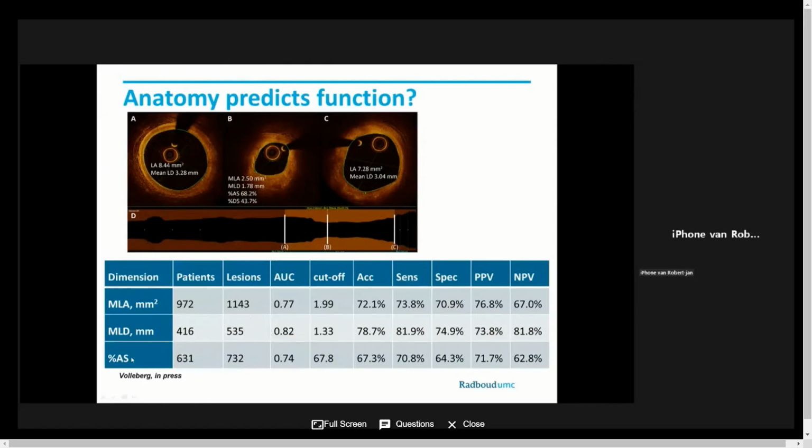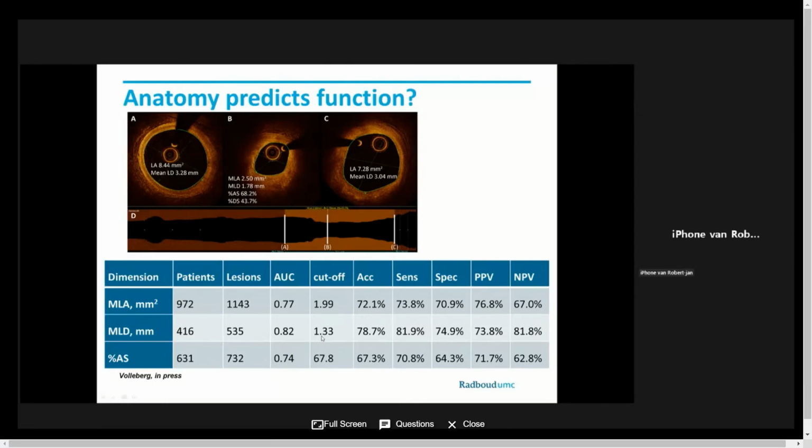Now, if we summarize this, you see the amount of patients being in 10 different kinds of publications. If you use MLA as a cutoff value, the optimal cutoff value is close to 2. And these are all patients compared with FFR based on the wire technology. You can see the area under curve as being 0.77, sensitivity 73, 71% for the specificity.